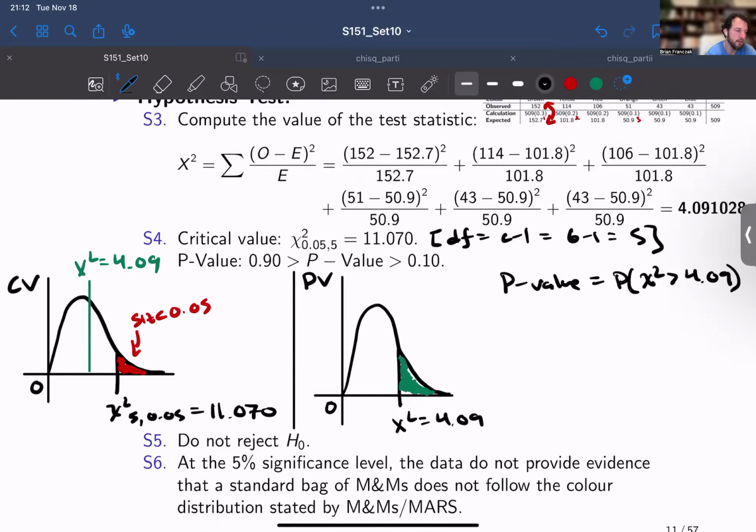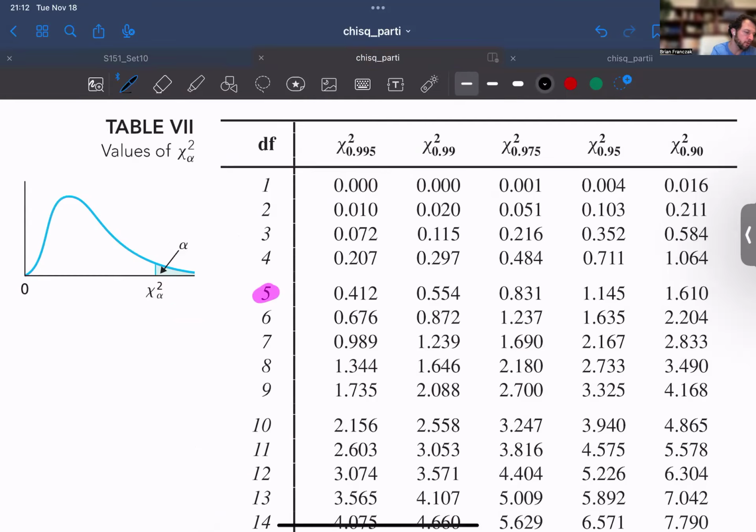Okay, so to find this, just like with the t-table, I go back to my chi-square table. So I'm starting on page 1. I have 5 degrees of freedom. I'm looking for 4.09. So I scroll across my degree of freedom line, and I notice that, okay, 4.09 is bigger than the largest value listed on page 1.